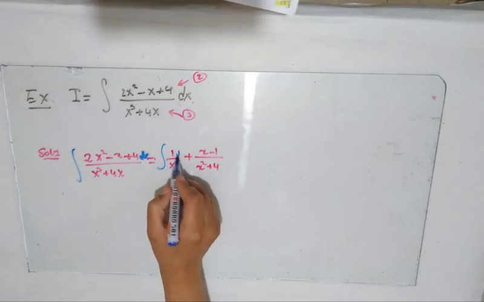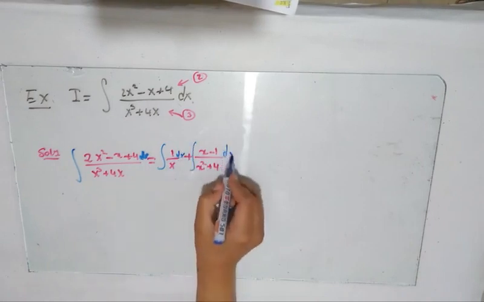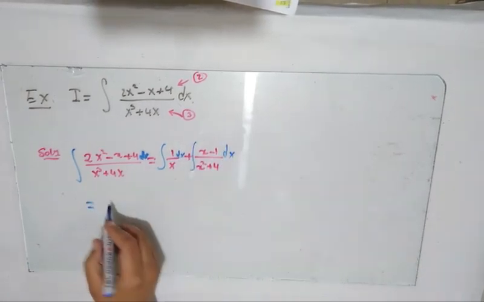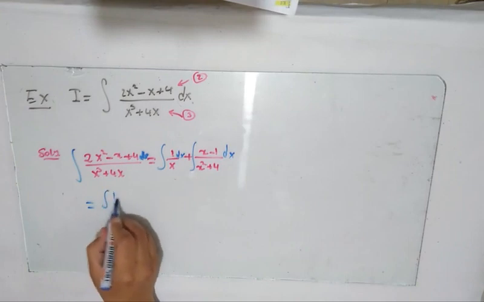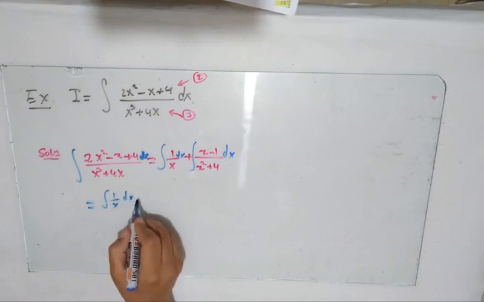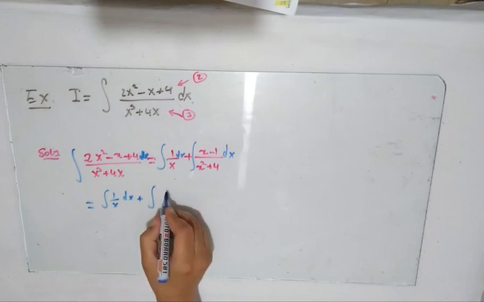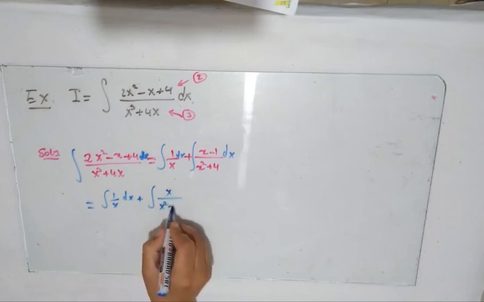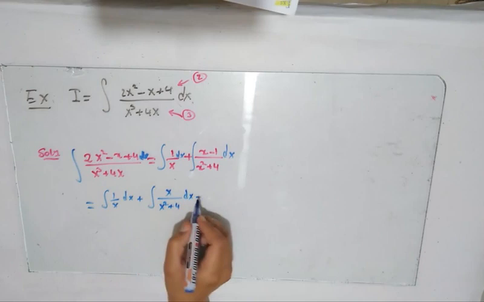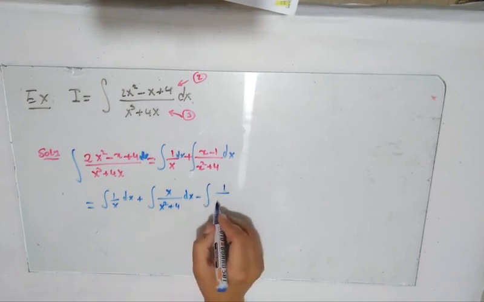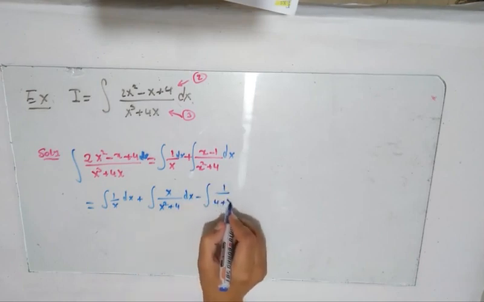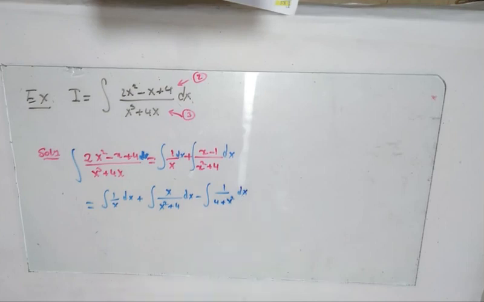integrate each term with respect to x, which equals the integration of 1 over x with respect to x plus the integration of x over (x squared plus 4) with respect to x minus the integration of 1 over (x squared plus 4) with respect to x.